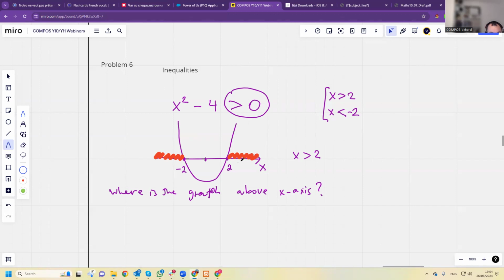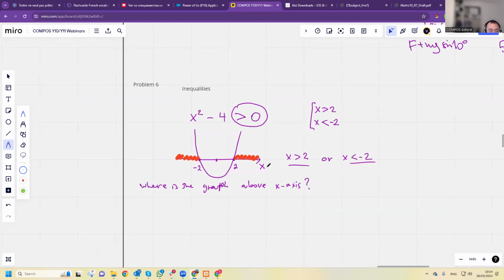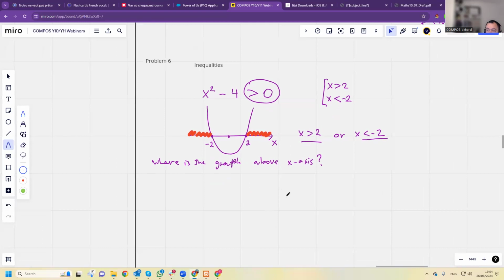And it's x greater than 2 or x less than -2. Do you understand what I mean when I say graph is above the x-axis and graph is below the x-axis? So for which values of x is the graph above, and for which values of x is the graph below, sorry.